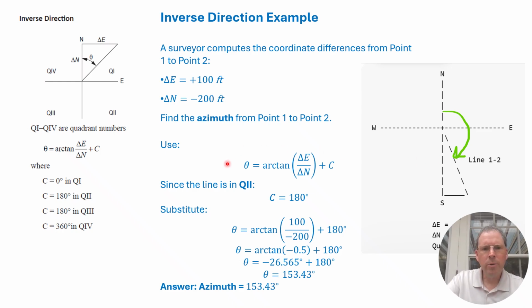So you're going to use that formula that's given, and since you're in quadrant 2, you're going to use C equal to 180. Substitute in the eastings and the northings in this equation, use the C, and calculate an angle. Your answer is an azimuth, so it's 153.43 degrees from here to here.